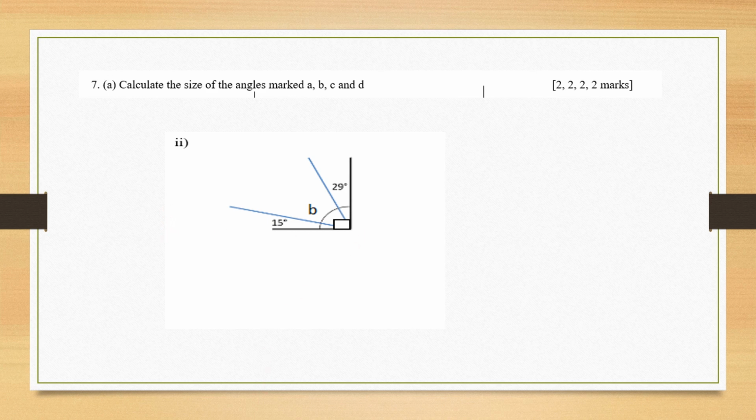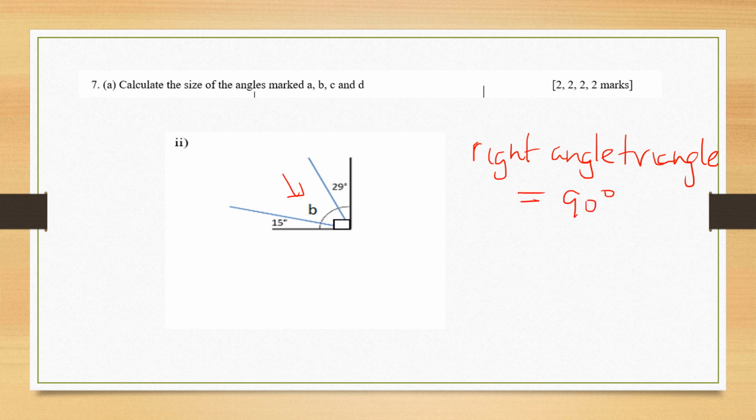Here we have a right angle triangle. If you were asked to give the reason why you're working out B, the right angle triangle equals 90 degrees. So we'll say 90 degrees subtract 15 degrees plus 29 degrees.